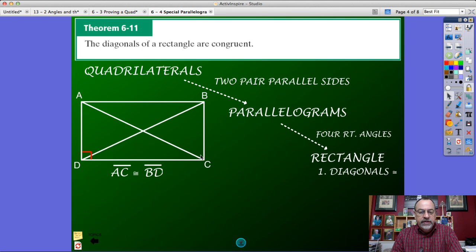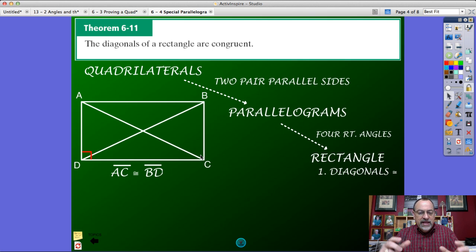So in addition to keeping the characteristics of a parallelogram, opposite sides congruent, opposite angles congruent, and diagonals bisecting each other, in a rectangle the diagonals actually are congruent as well. Okay, so those are the additional characteristics of a rhombus and a rectangle.